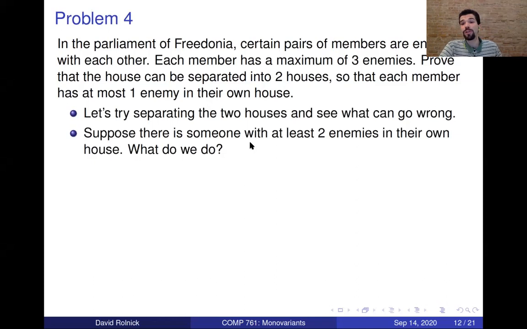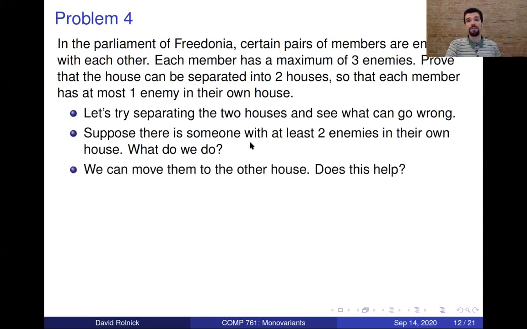Yeah, it's kind of what you would do if it were actual people, right? You'd say, go to the other house. Maybe you have fewer enemies there. Does this actually help? Why or why not? Remember that they have a maximum of 3 enemies.